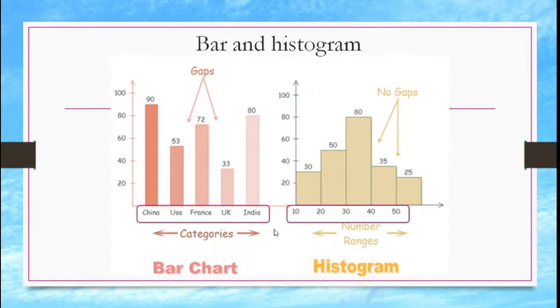So this is the second difference which you can see between bar and histogram. I hope it is clear to all of you. There is a gap in a bar chart but no gap in a histogram, and at the same time the x-axis in a bar chart can be categorized, but here the x-axis will not be categorized. It is a numerical value or number range.